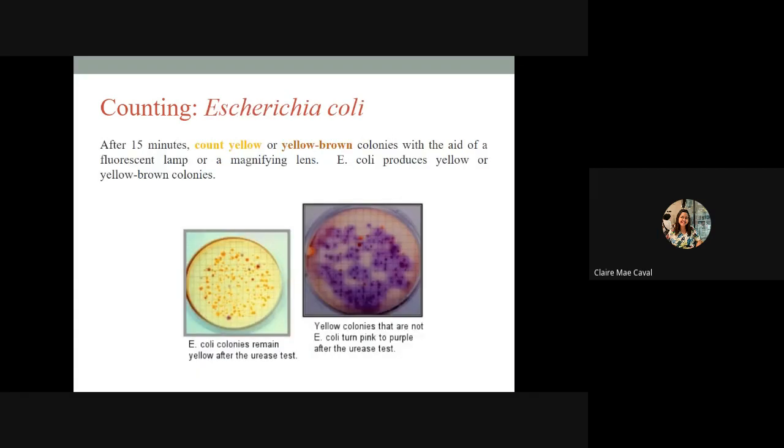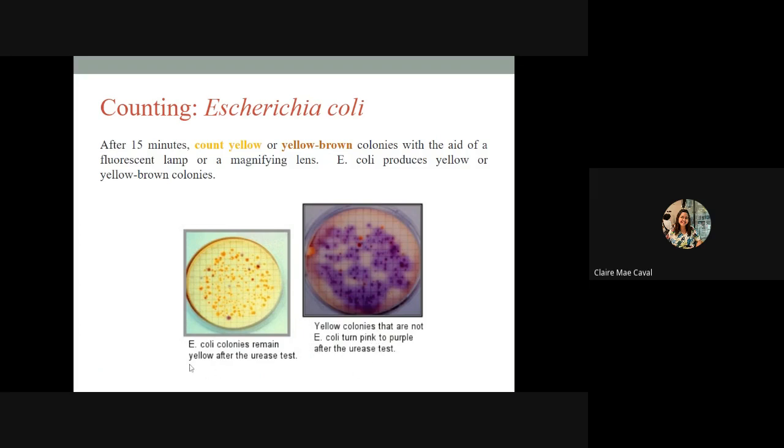For E. coli counting, after 15 minutes, I already discussed this, you count the yellow or yellow-brown colonies. So, this is how it looks. E. coli colonies remain yellow after the urease test. Yellow colonies that are not E. coli turn pink to purple after the urease.